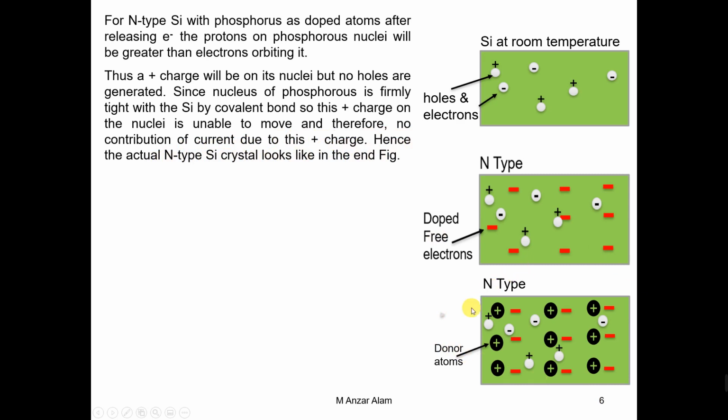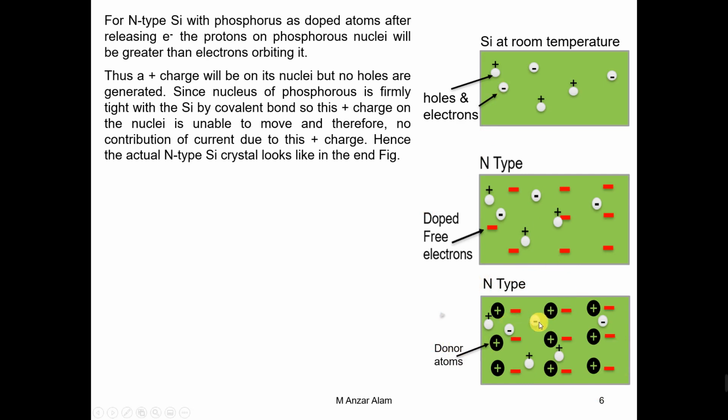So for the time being, we can say that this is the actual figure of the N-type material, and we can see the different charges here. If we analyze further, you can see that this was the free electrons, and this is also free electrons.